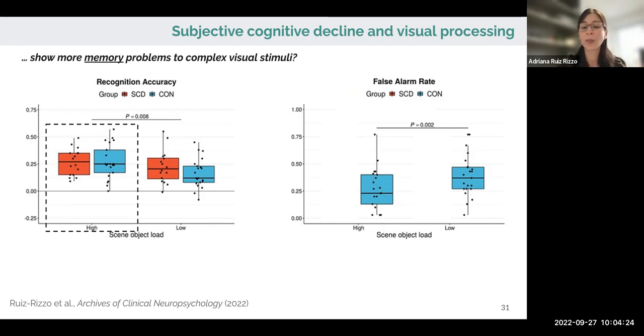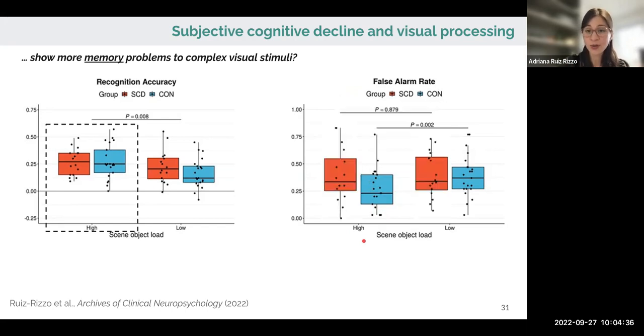The false alarm rate is when somebody says that a scene is old, when in reality it's new. Older adults without subjective cognitive decline showed lower false alarm rates, so better performance, for high load scenes. In contrast, older adults with subjective cognitive decline did not show any difference, meaning that for them it didn't matter whether the scenes were high load or low load.